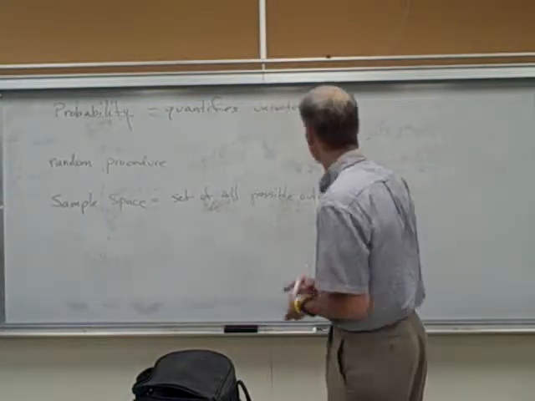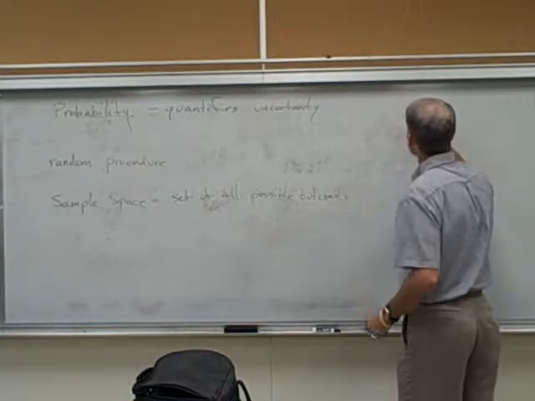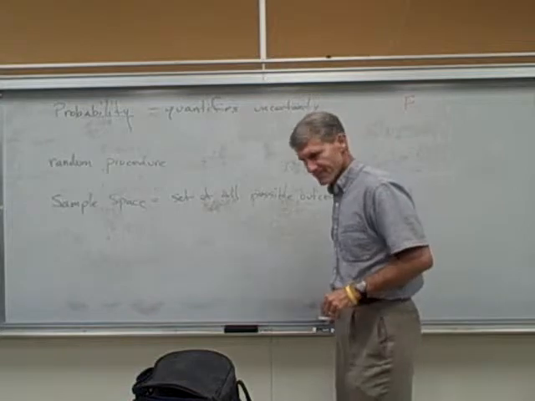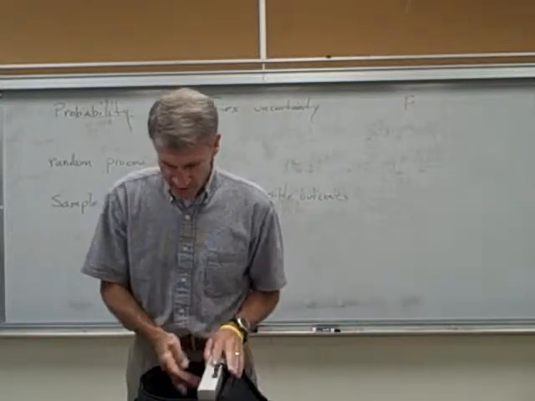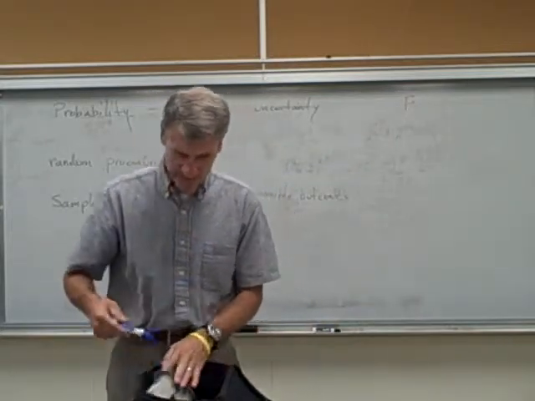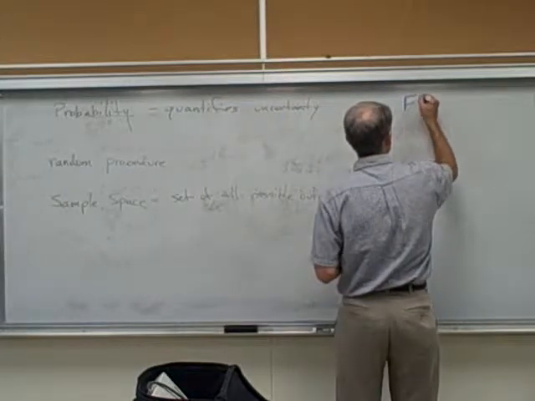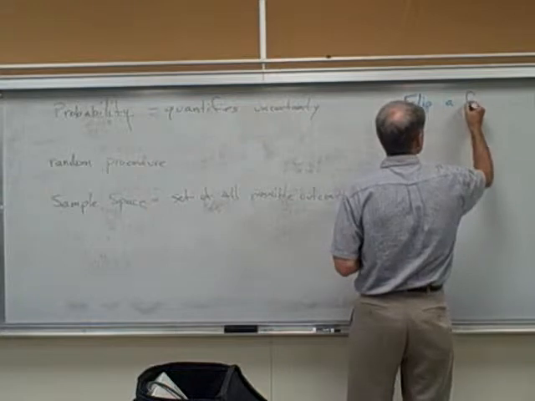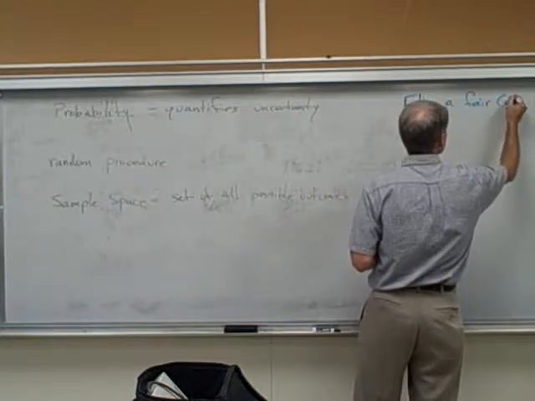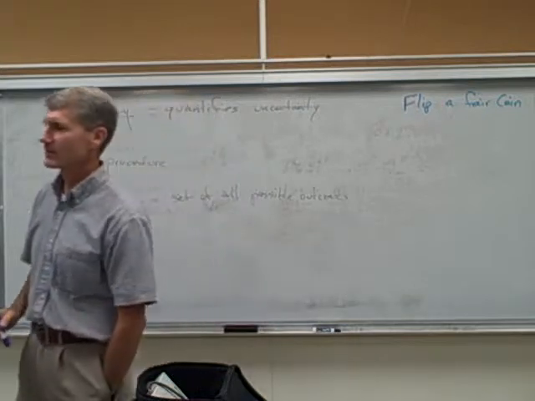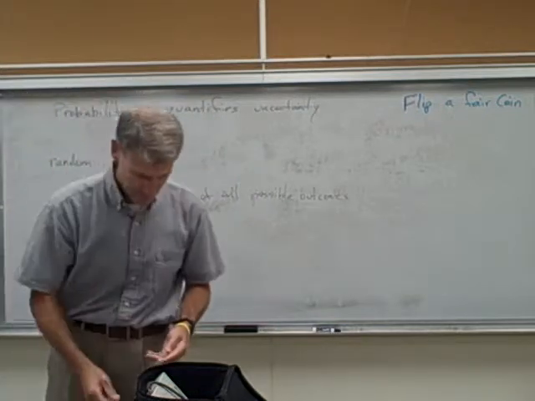Let's define, boy, my markers are really having some trouble today, a random procedure of flipping a fair coin. And I just happen to have a fair coin with me. It's a nickel.